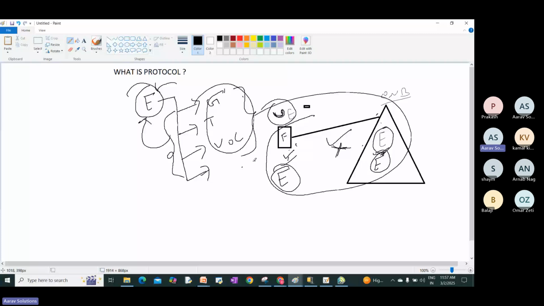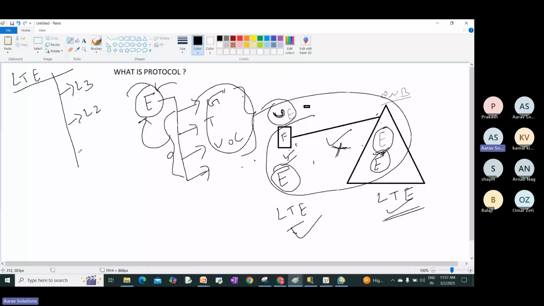Now similarly try to relate it with LTE. In LTE, if I'm saying both the eNodeB as well as the UE are aware of LTE, it means they are supporting LTE protocols, which are L3, L2, and L1.